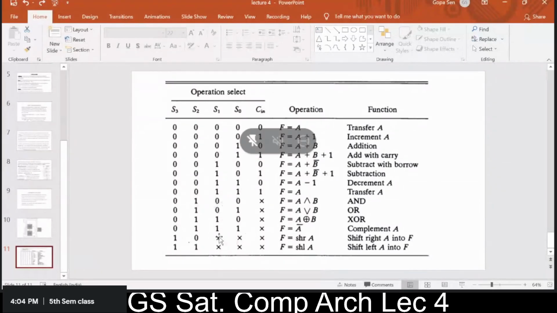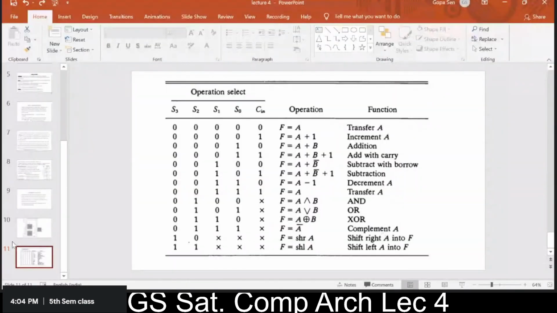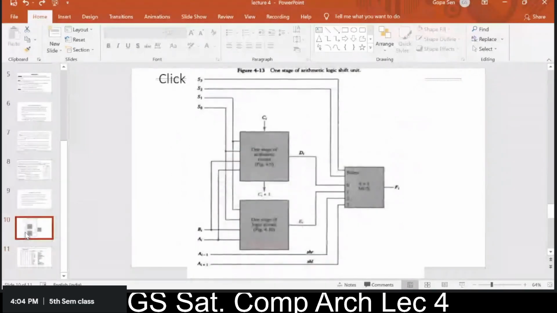Then S3 will be 0, S2 will be 1, and depending on S0 and S1, 4 different combinations, different logic micro operations will be executed. For 10 shift right operation, for 11 shift left operation, and then it will be independent of S0, S1 and Cin. So you see that this ALU circuit is able to perform all the operations.